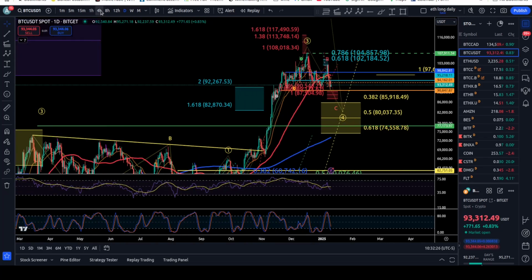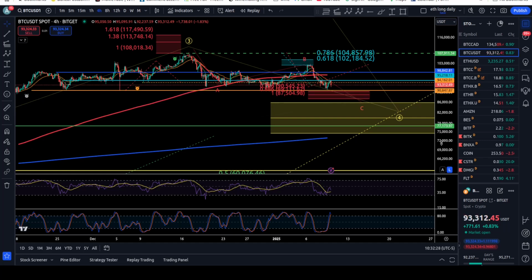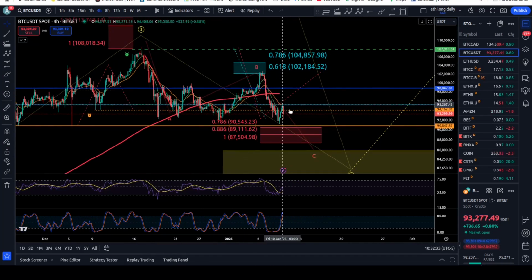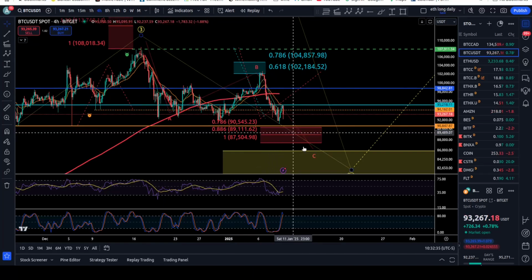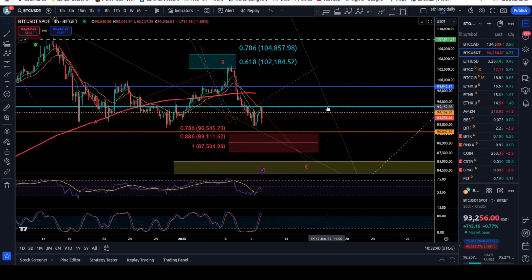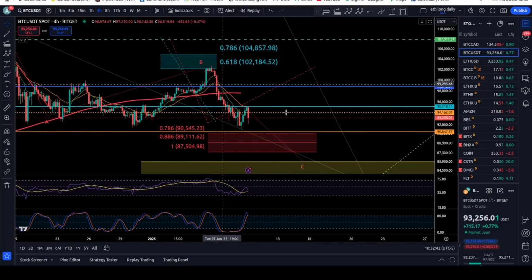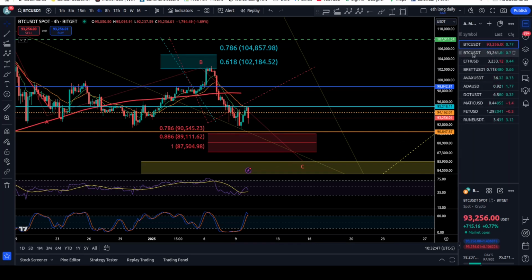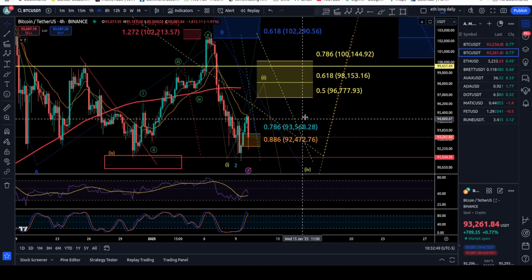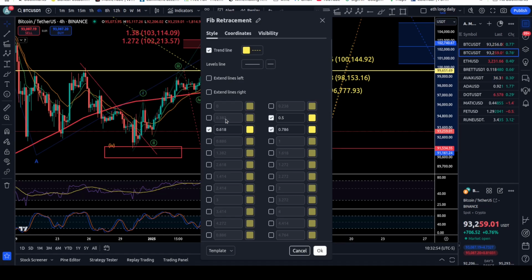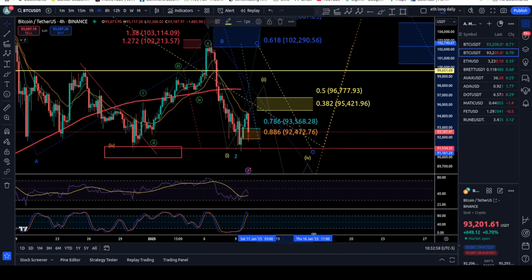And let me go back on the 4 hours now. Just wanna check here. Okay, A, B. Okay, so if this is the C, now the thing is, are we going to make, actually, let me go on the other chart now. I'm going to remove a little bit of levels now.